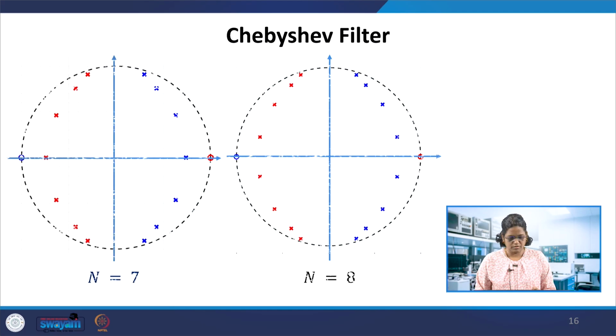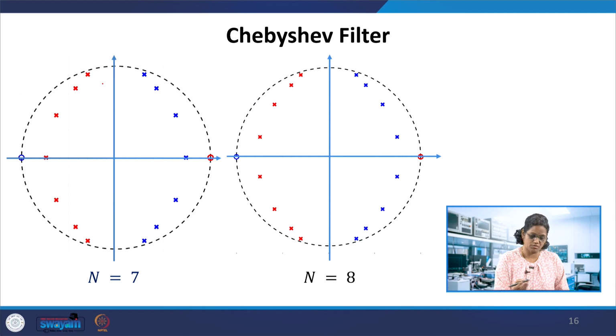So let's look at the pole locations for n equal to 7. The right half exhibits elliptical characteristics: the poles are placed on an ellipse, not a circle as in the Butterworth filter, and you can have the mirror.